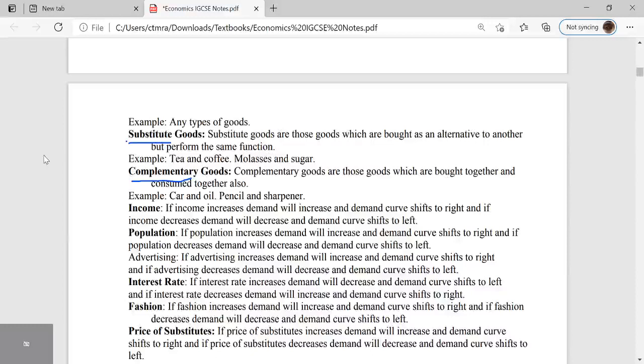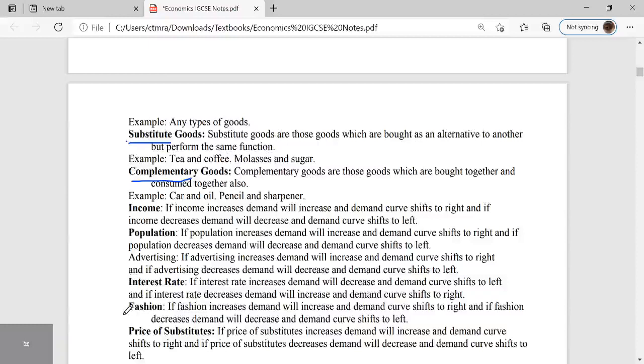Then interest rate. Interest rate is the cost of borrowing money. If the interest rate is rising, the cost of borrowing money will rise, so it will be difficult for people to borrow money. So there will be a fall in demand. A rise in interest rate will lead to a fall in demand.